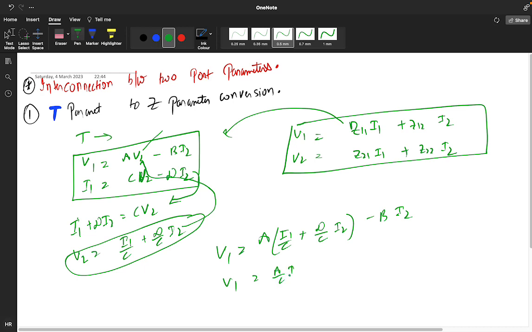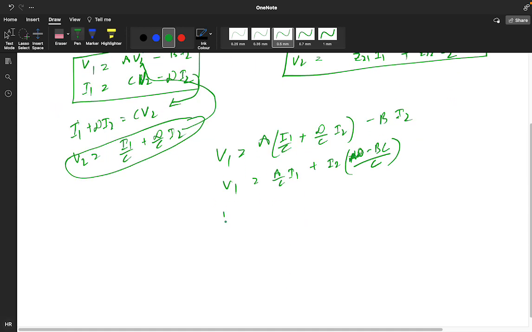A by C I1 plus I2, take I2 common, you are getting D minus BC upon C. Right? AD will come because A is common, no? So AD comes. So V1, what are you getting? A by C I1 plus I2 times AD minus BC upon C. So what is the conversion?